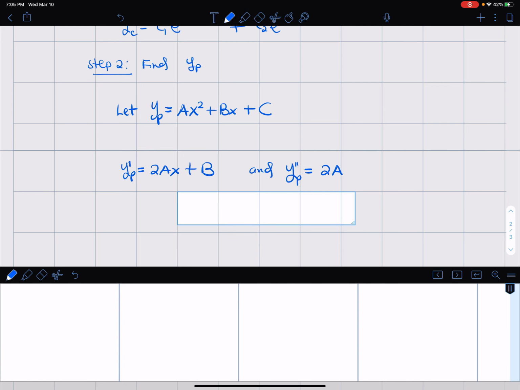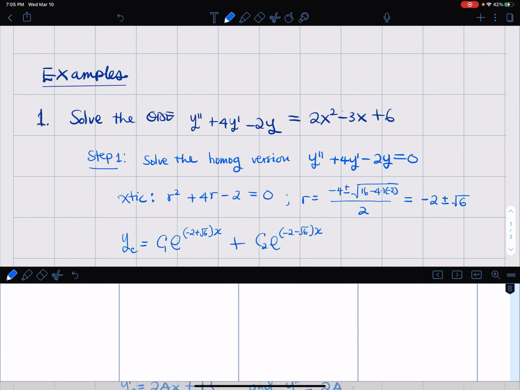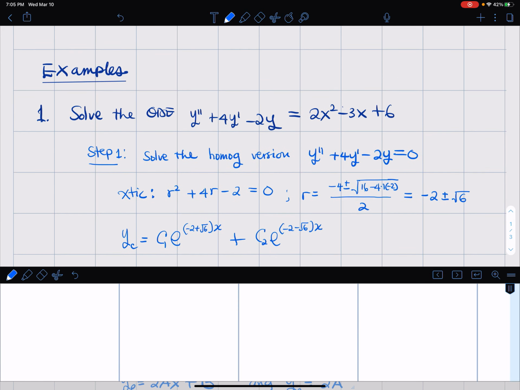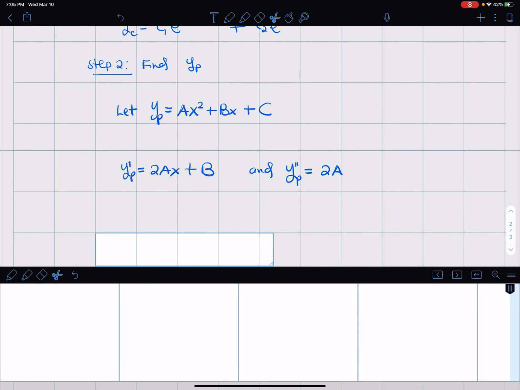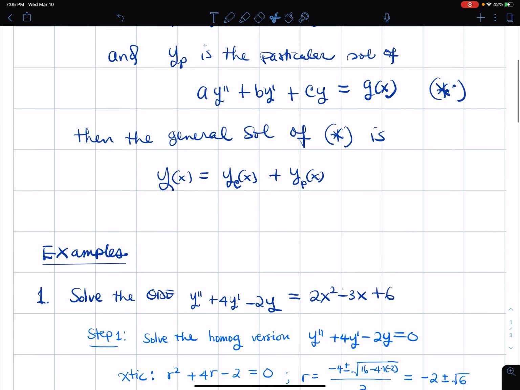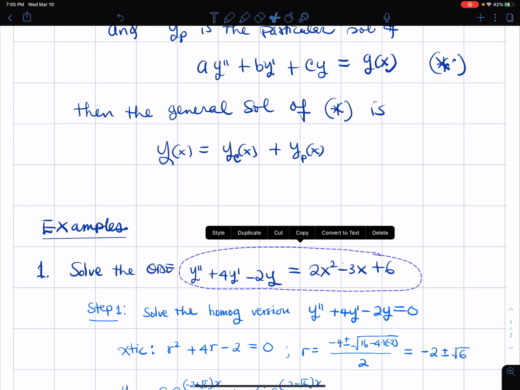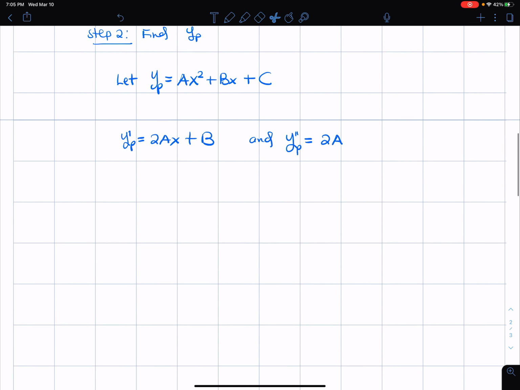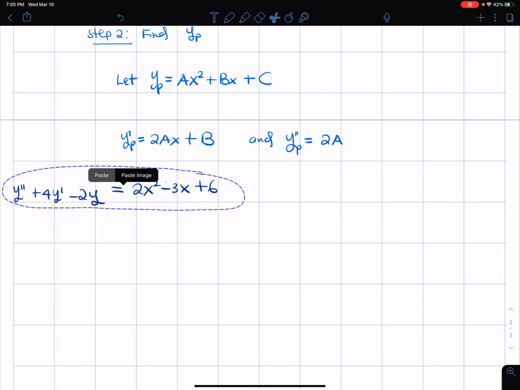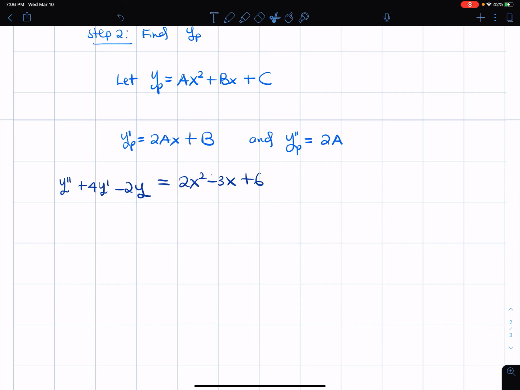We go back to our equation and plug yp into it to see what happens.